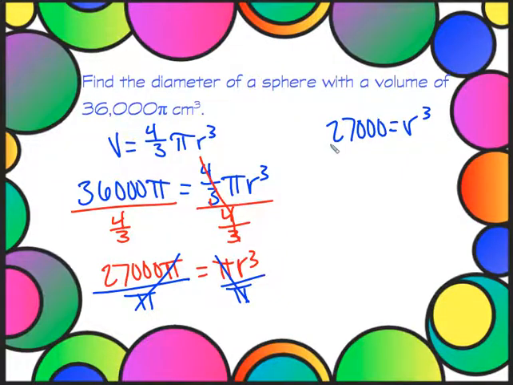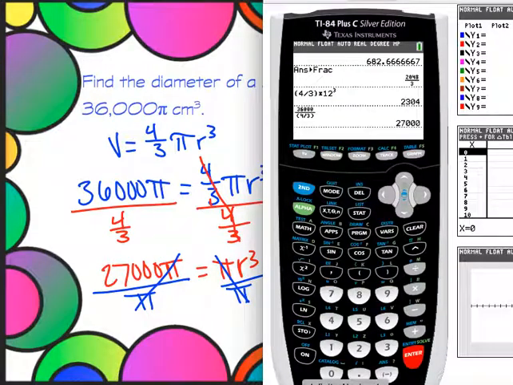Now, I can't remember if we've done this at this point, because I'm working these lessons backwards, but to undo r squared, you would do the square root. So to undo r cubed, you do what we call the cube root. Looks like a square root, it's got a little 3 here. It's like uncubing it. And that can be done in your calculator.